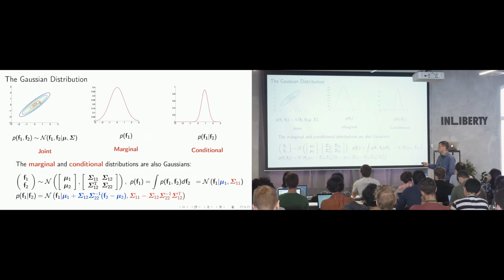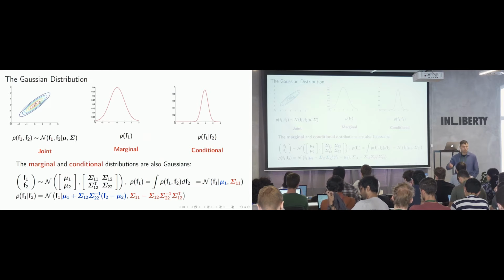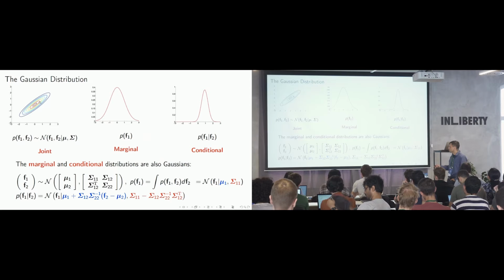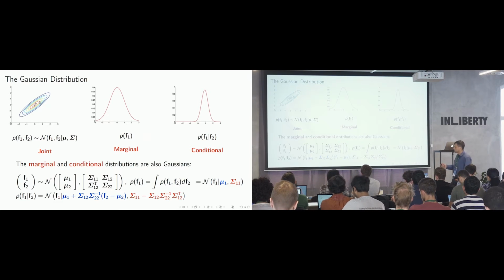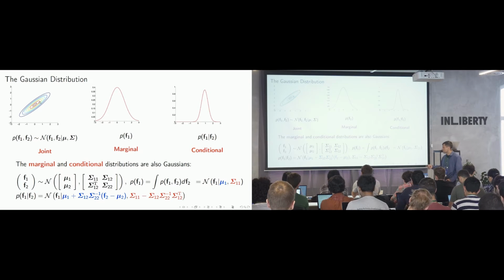According to this division, we in the same way divide the mean vector of the Gaussian distribution into two subvectors and the covariance matrix into four submatrices. For example, this submatrix corresponds to the cross covariances between components of the first subvector and the second subvector.